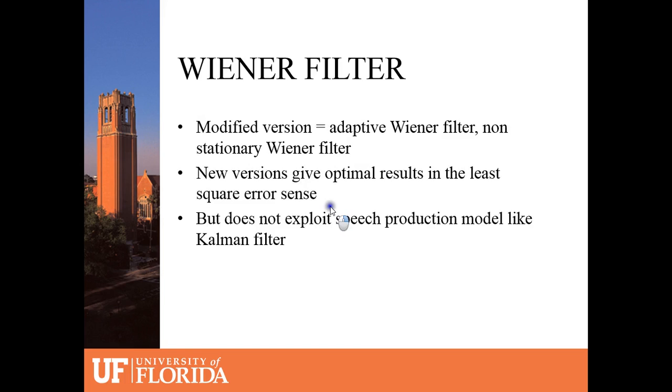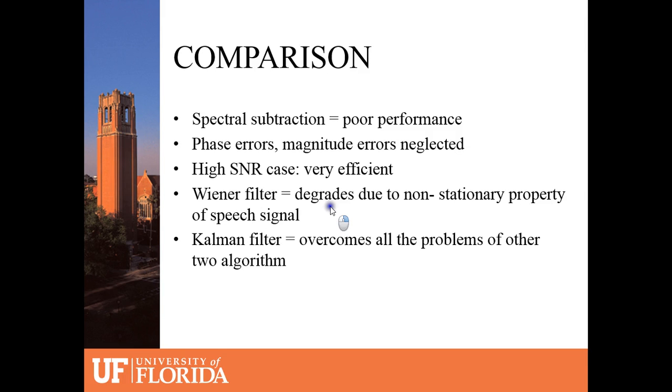There are other modified versions that are used to overcome these problems, and those are the adaptive filter, the non-stationary filter, etc. These new versions give us optimal results in the least square error sense. But the problem is none of these models exploit the speech production model as the Kalman filter model.